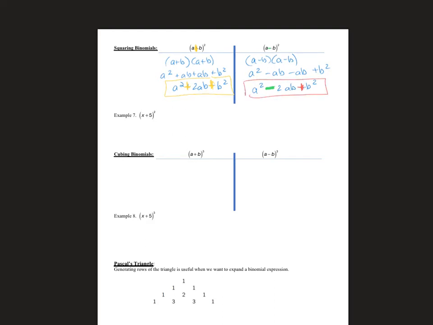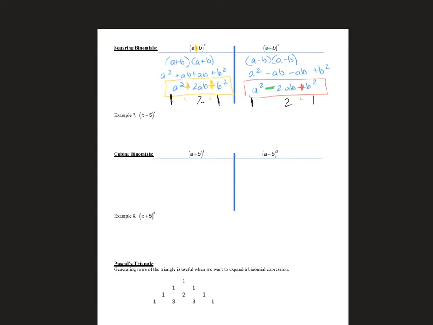I have the coefficient here, 1, here, 2, and here, 1. Coefficients 1, 2, 1. The difference is this is plus, plus, and in this one I have minus and plus. So numerically speaking, we have the same coefficients. The signs are different.